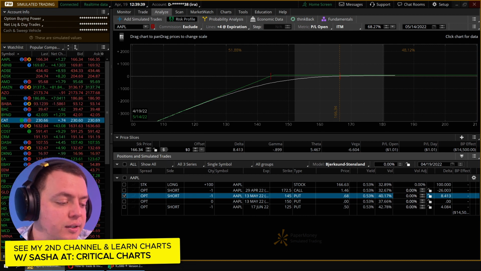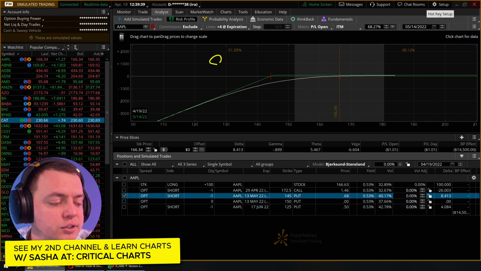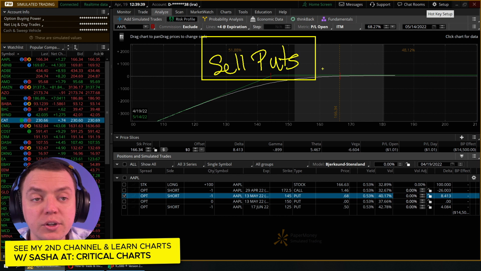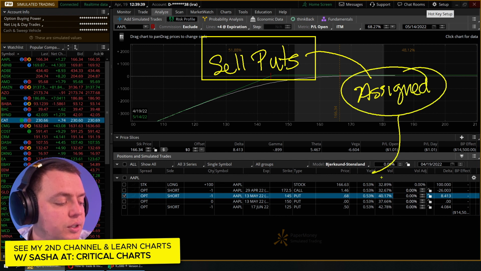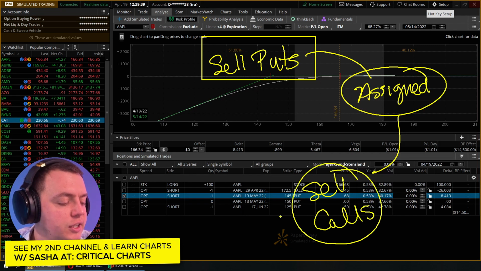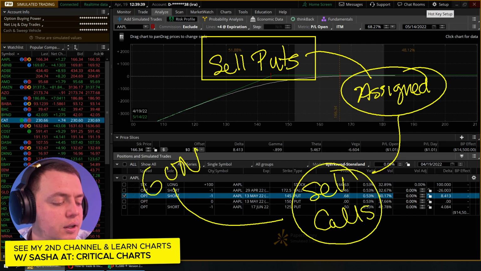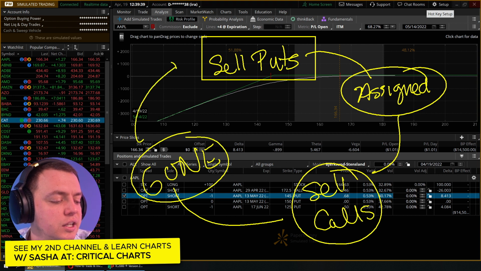To break it down again, you're going in and selling puts on stocks you believe are heading higher in the long run, and that you'll be able to hold for the long haul. Once you get assigned, then you go ahead and sell calls against it. Eventually that stock is gone and you go back to selling puts.